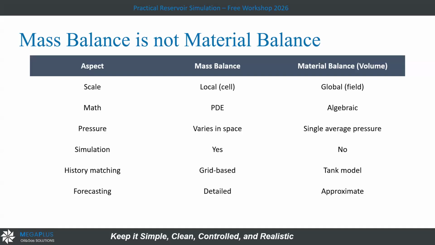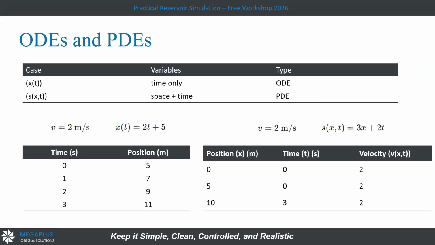And also, of course, in forecasting, mass balance is detailed, but material balance is approximate. Yesterday I told you that sometimes we need reservoir simulation to know the forecast well by well. In material balance, yes, you can do it, but it's an approximate job, not a detailed job. That is the difference between mass balance and material balance.